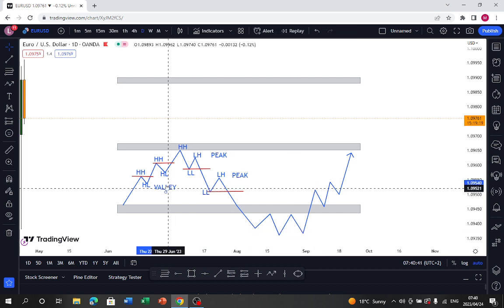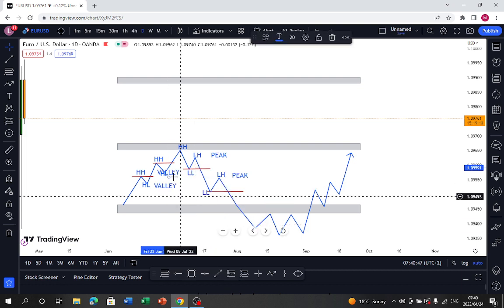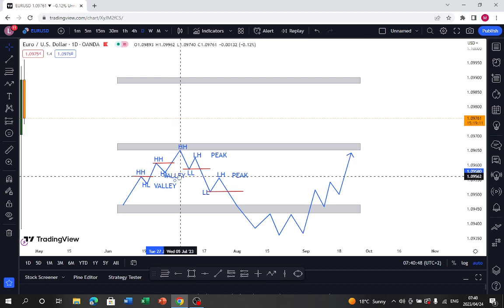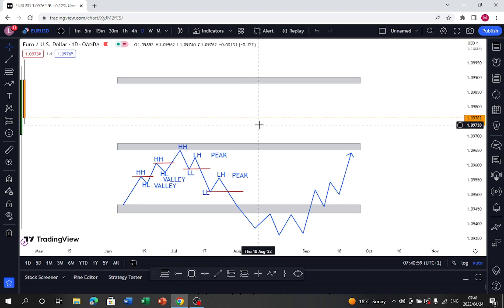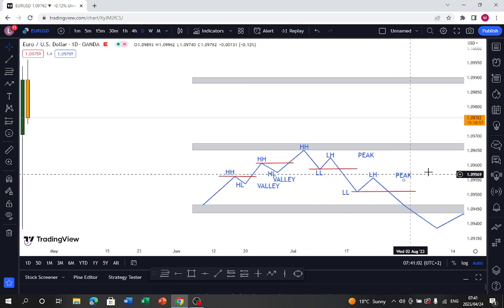This is a valley. This is also a valley, right, guys? Sorry for the mess, but I think you guys get my point.